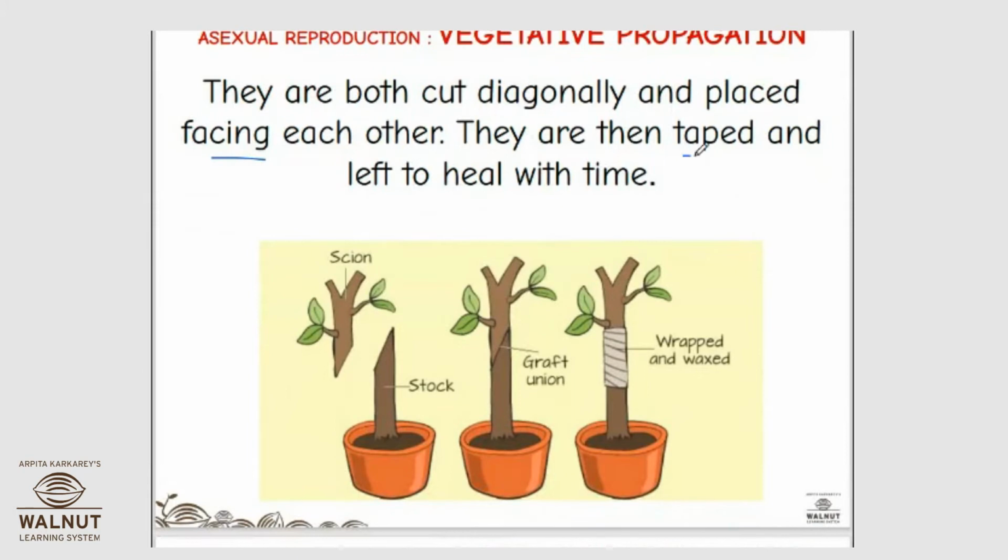They are then taped and left to heal with time. Heal means, see, there are so many vessels like xylem and phloem, so all have to get connected. Healing means both the scion and the stock should get connected so that whatever the plant is getting from the roots is passed on to the upper part of the plant.